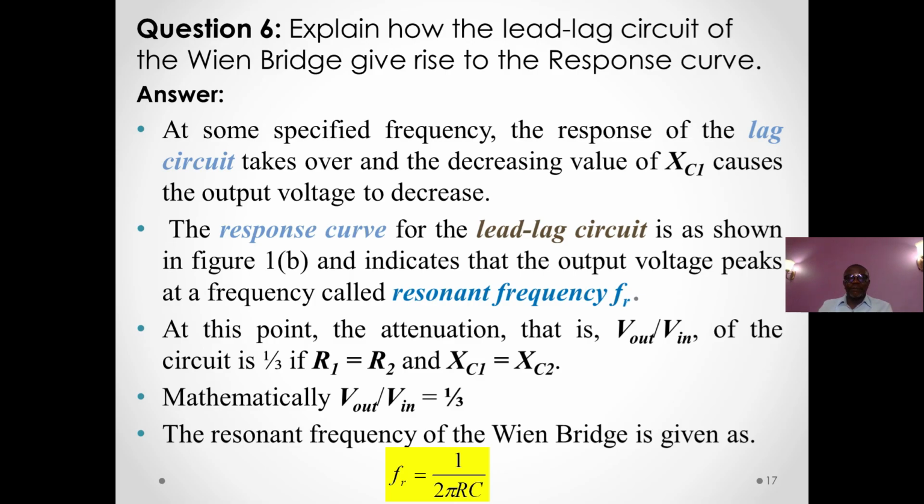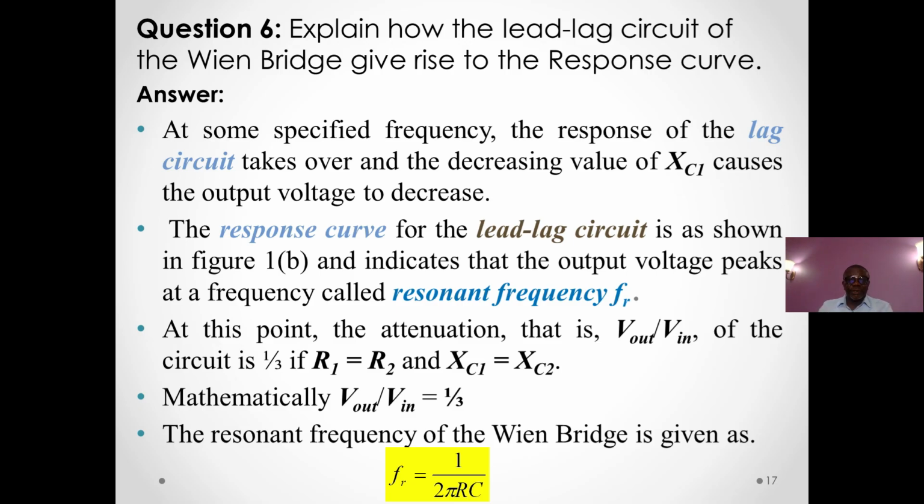At this point, the attenuation, that is Vout over Vin, of the circuit is 1/3 if R1 is equal to R2 and XC1 is equal to XC2. So mathematically, Vout over Vin is equal to 1/3.